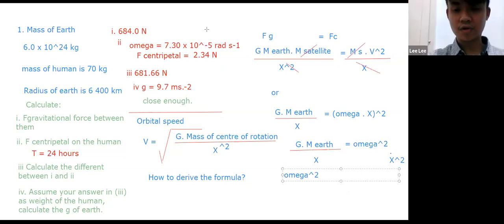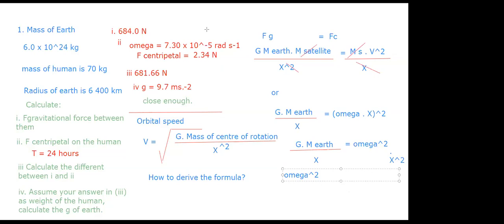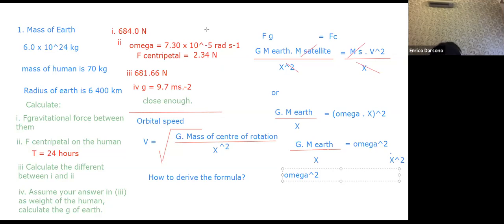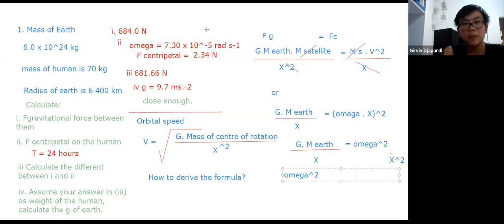Which one you cannot get? I get the omega already, but I don't know how to find this now. So the radius needs to change to meter. So the centripetal force is omega square times r, then times mass again or not times mass anymore?